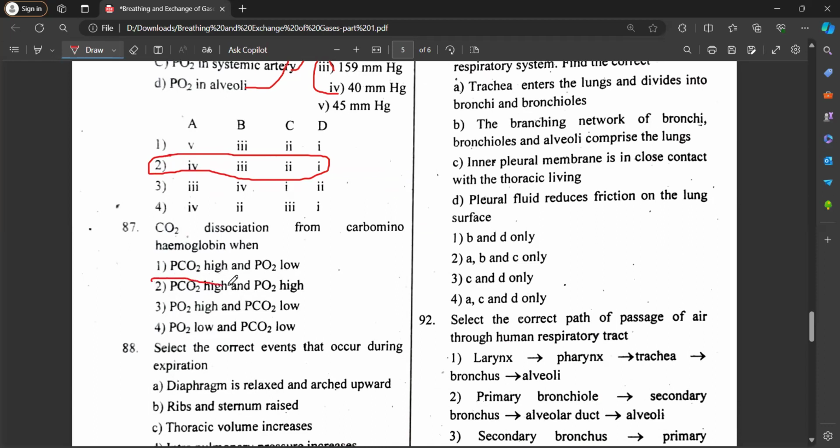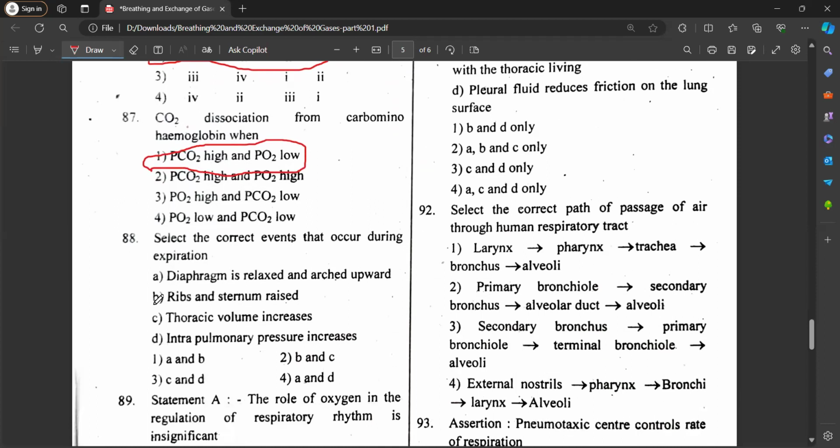When PCO2 is high and PO2 is low. So carbon dioxide dissociates from carbaminohemoglobin when PCO2 is high and PO2 is low.